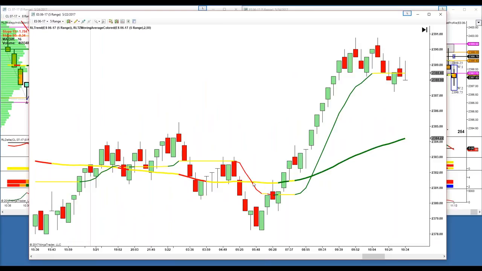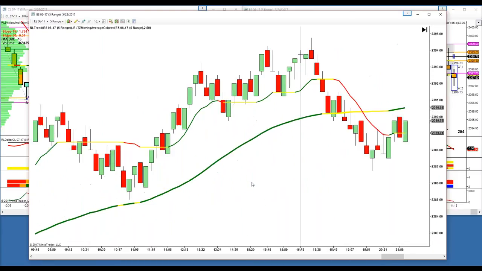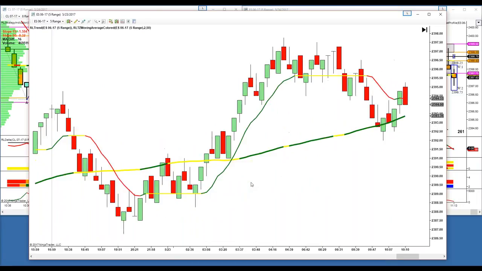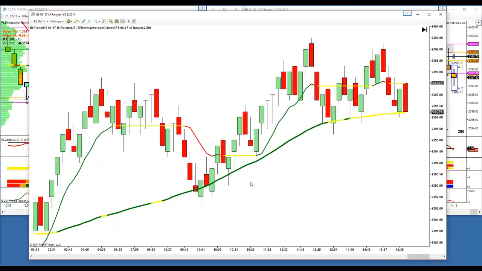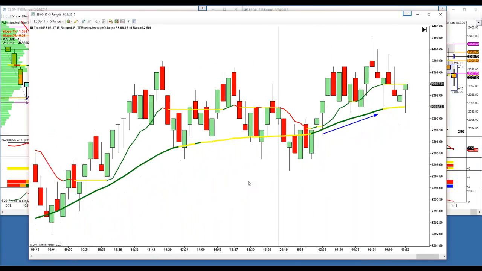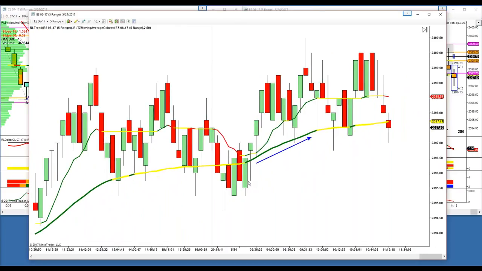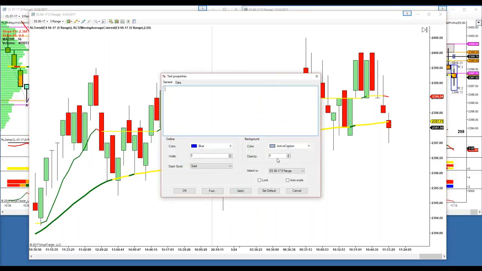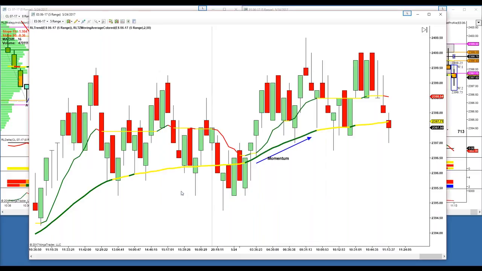And when it's flat, it's yellow. The reason we do that is because the 50 period is a good indicator not only of higher term market direction, but of higher term market momentum. So when this is green, you know that longer term momentum is long.